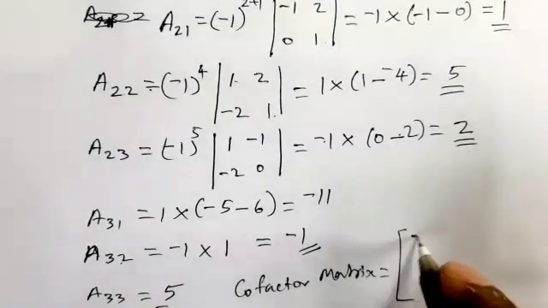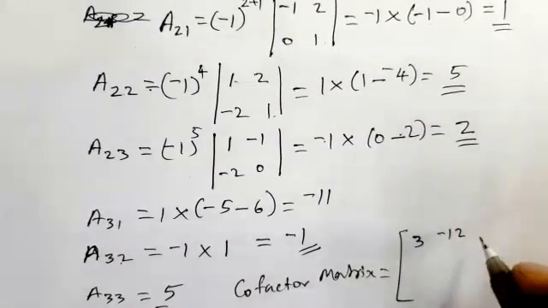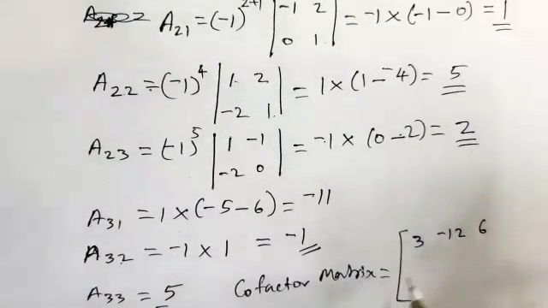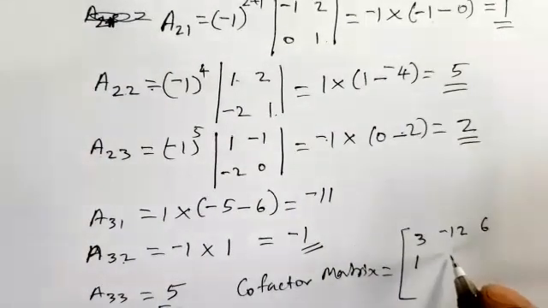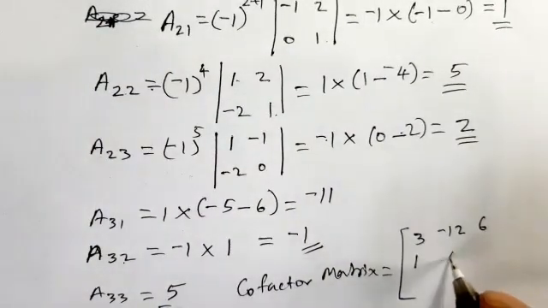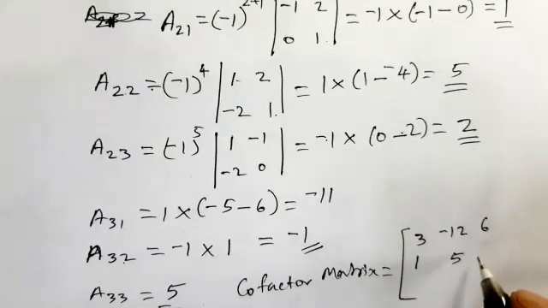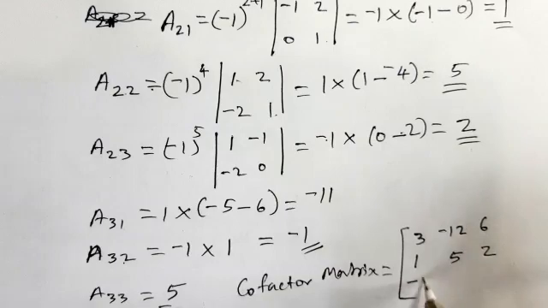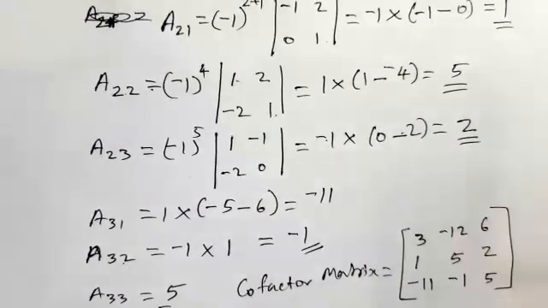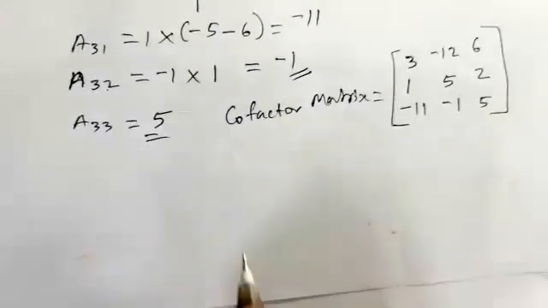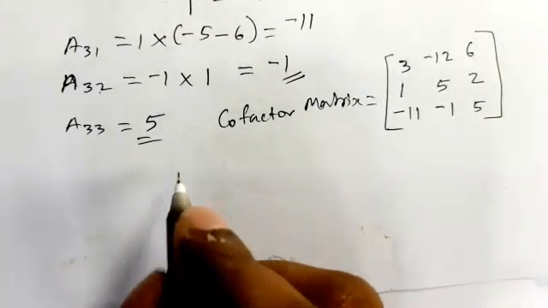So we can write 3, minus 12, 6. Then we got 1, 5, 2. Then we got minus 11, minus 1, 5. This is the cofactor matrix.